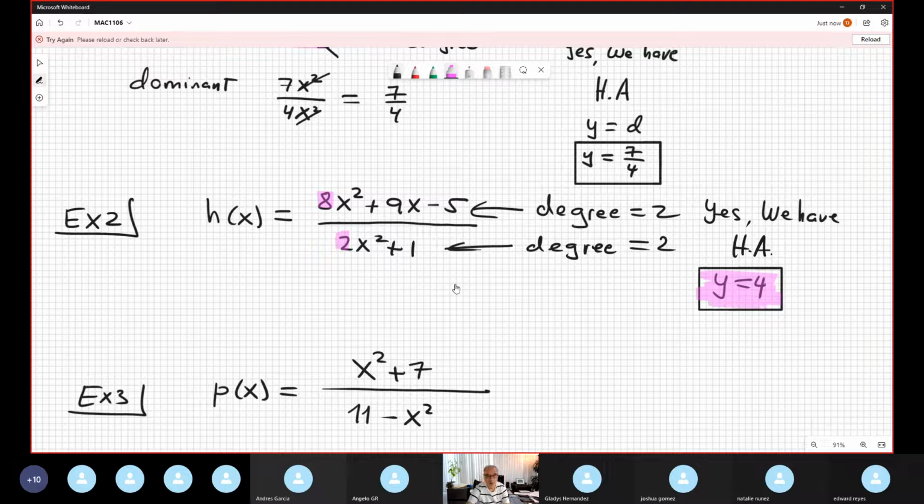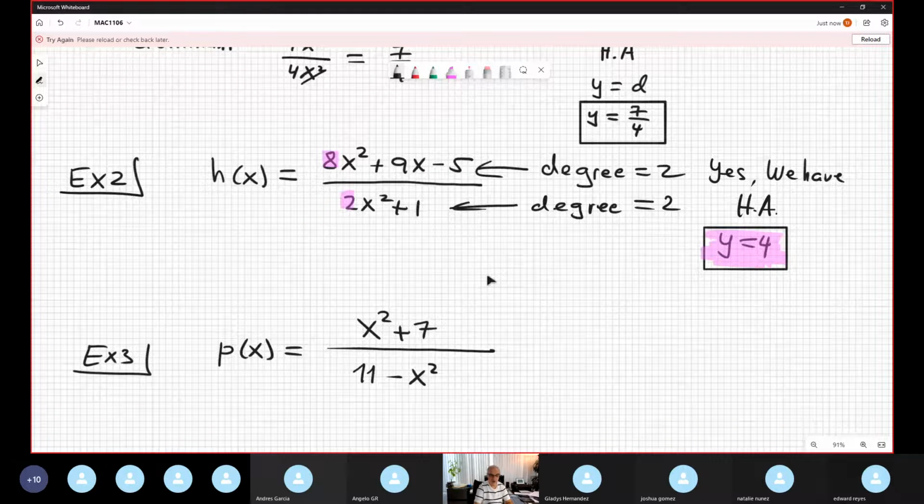What do you think about the second? Okay, I put it a little bit confusing, no? Because I want you to make a mistake. A warning, something weird, right? My question is again, do we have a horizontal asymptote, yes or no, and at what value? Yes, at y equals -1.